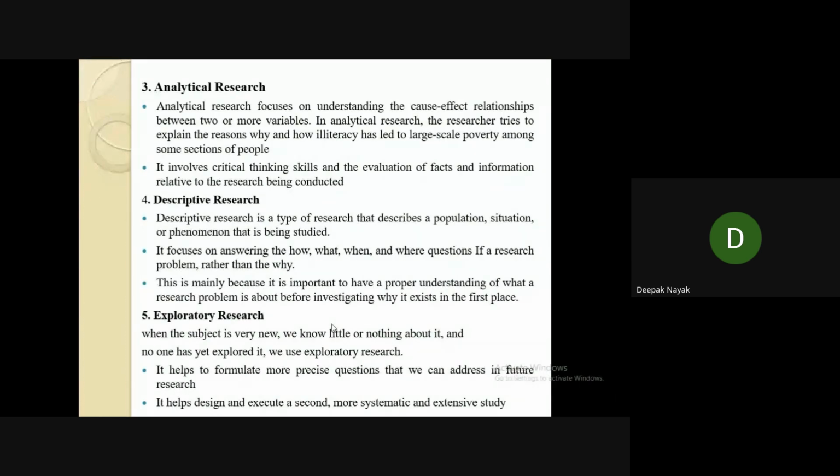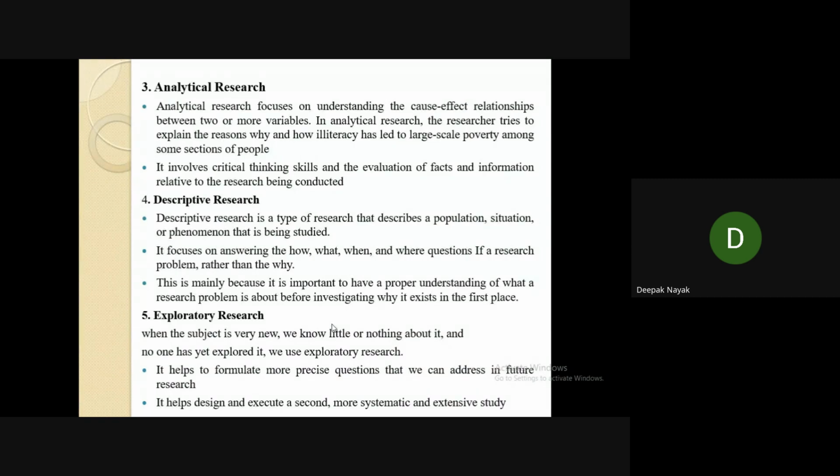The relationship between literacy and poverty has been examined, and after that it has been found that literacy has a direct link with poverty. So this kind of research is more rigorous and more analytical. That's why it is called analytical research.